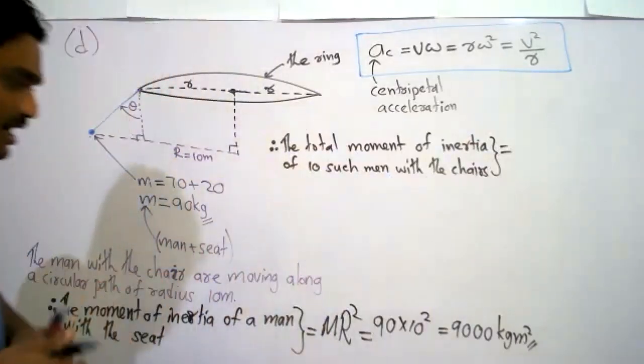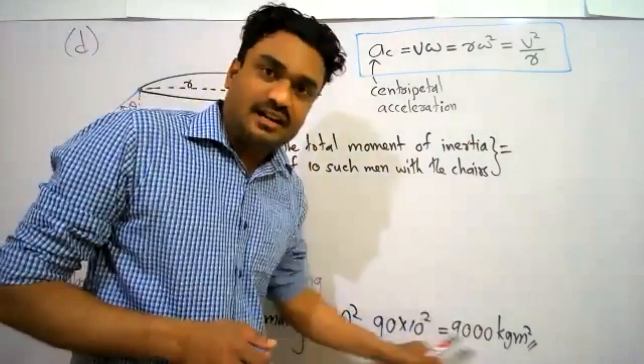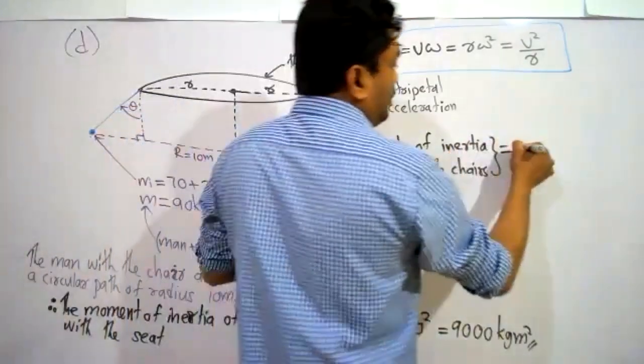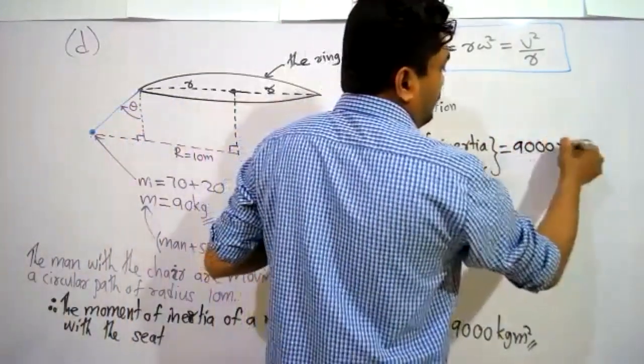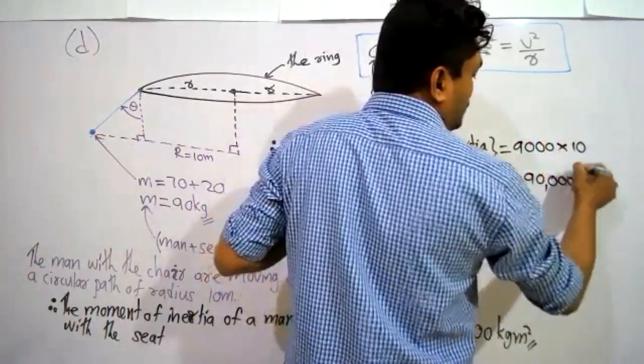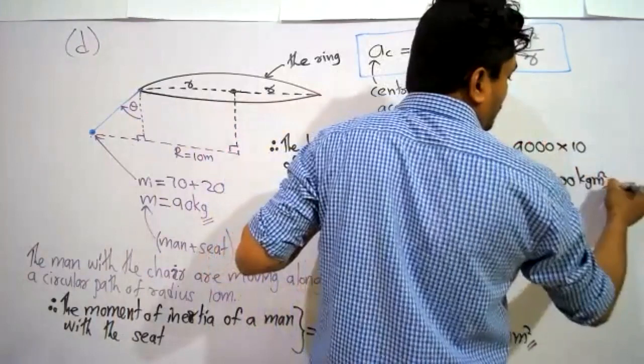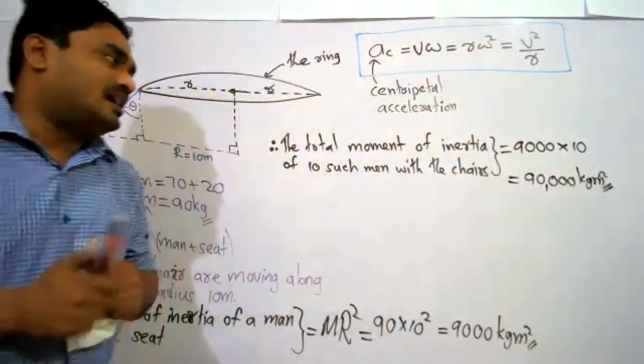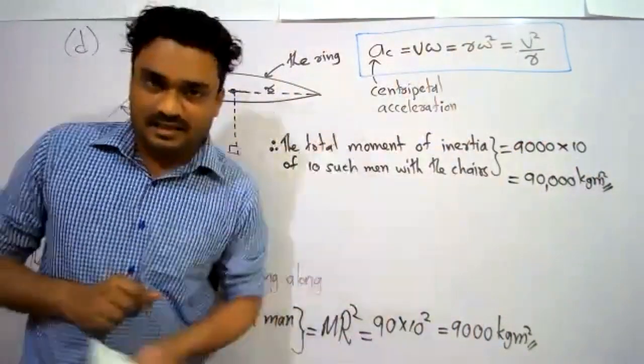The moment of inertia of a man with his chair is 9,000. Therefore, the total moment of inertia of 10 men with their chairs is 90,000 kg m squared. Please write these things.